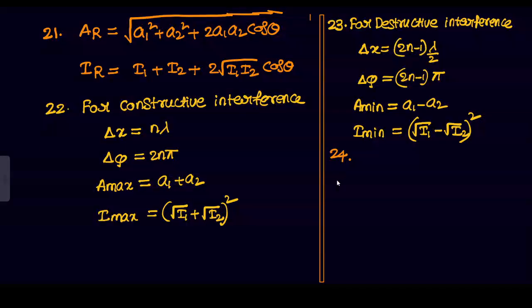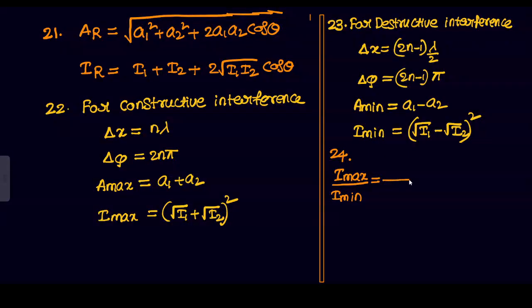Next. What is the ratio between maximum intensity and minimum intensity? Maximum intensity by minimum intensity is equal to what? You tell me now.